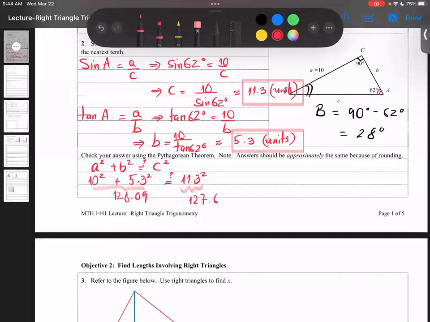So they are approximately the same, right? It should be the same, but because you rounded off those values, it matches our answer.